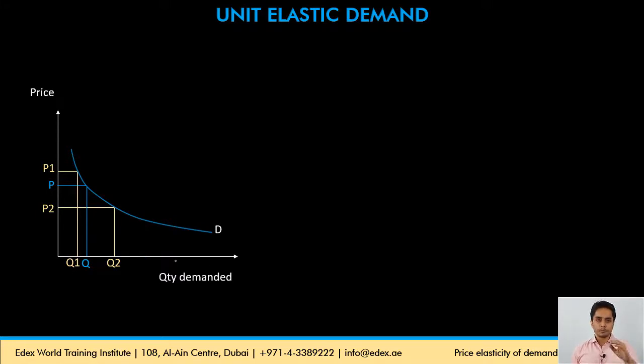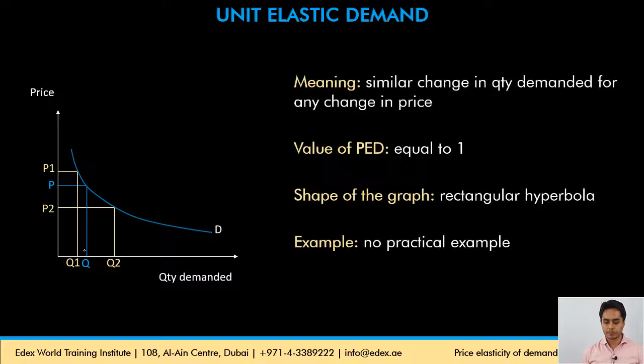If you see, the percentage change in price is almost equal to the percentage change in quantity. There might be a slight difference here. It doesn't seem exactly equal because I've drawn the graph slightly out of proportion. But otherwise, the percentage change in price has to be equal to the percentage change in quantity.